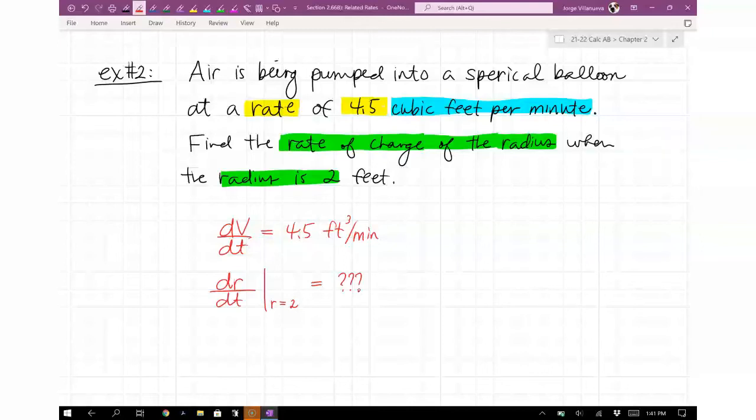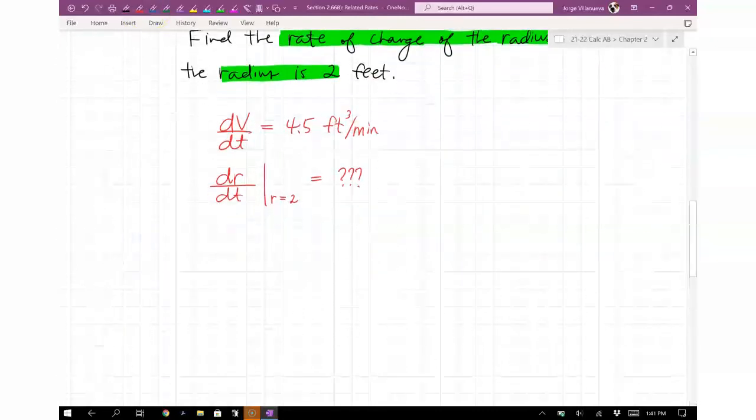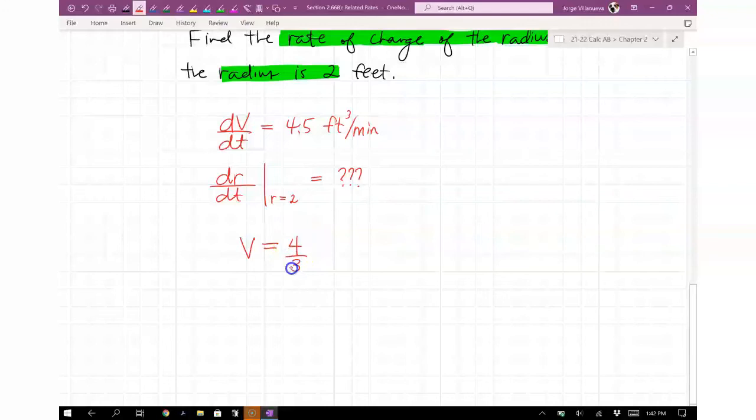So what's my formula for a sphere? Anybody? I'll start real slowly. No? Alright, nobody? Alright, there we go.